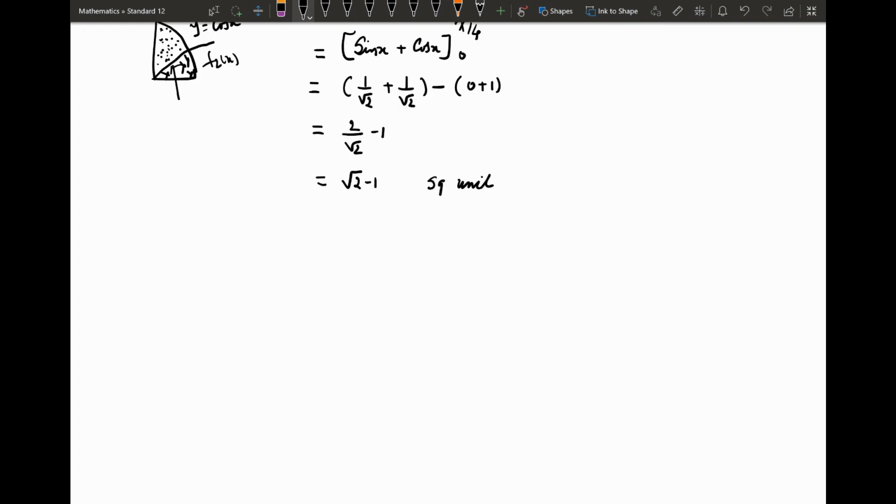So this is the area of orange portion. So next time we will discuss new chapter, determinant.